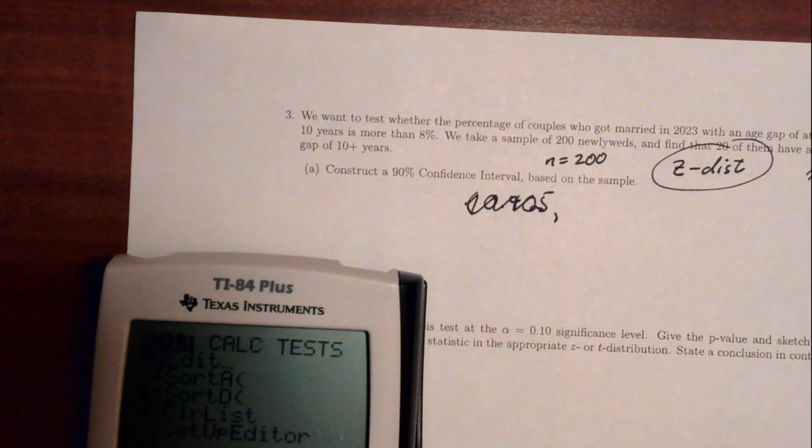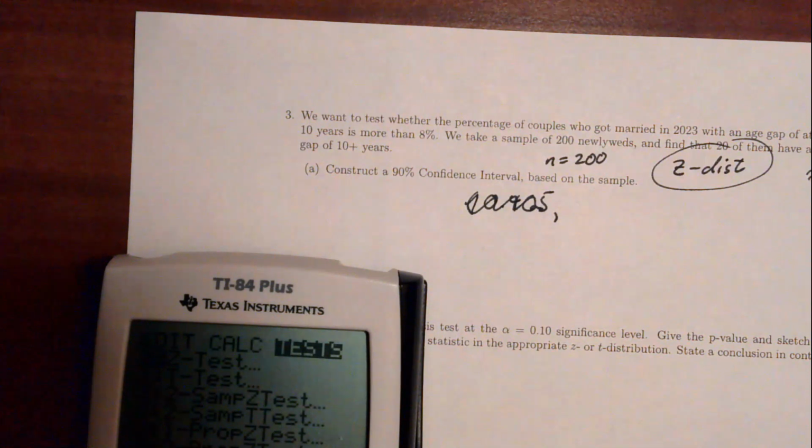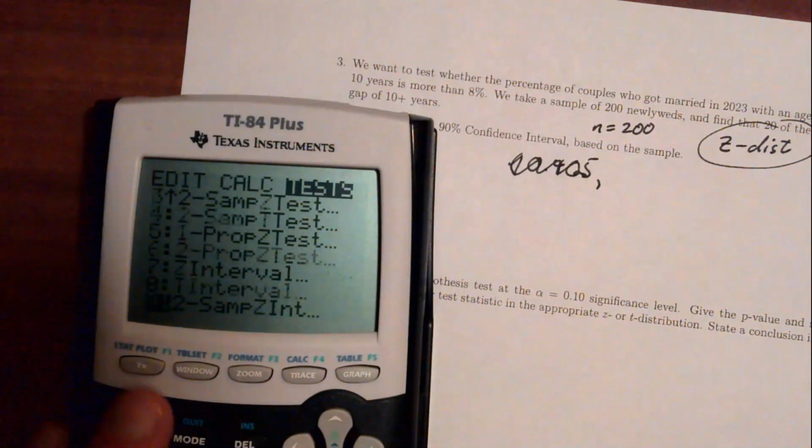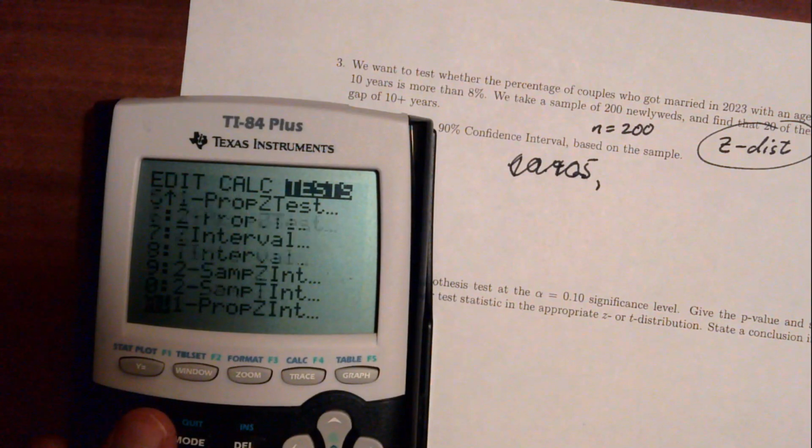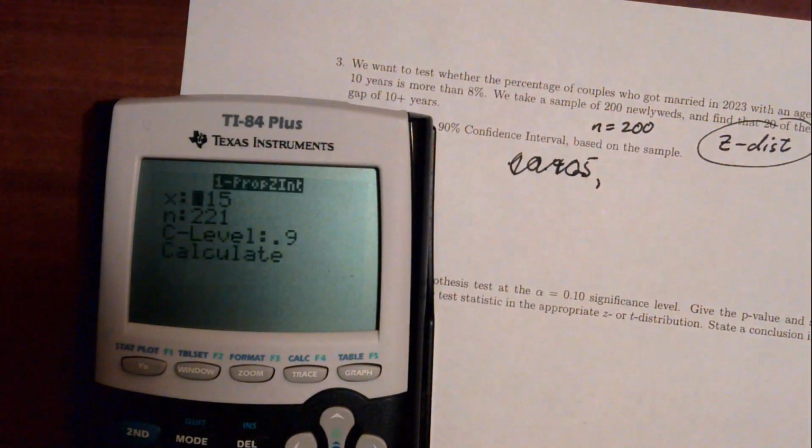I just got talking about Slate and stuff, and forgot to actually put in the actual things. So one proportion z interval. Okay. So what was the x in this case? It was a mere 20 out of 200. Okay. Here we go.